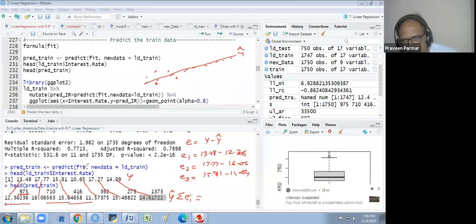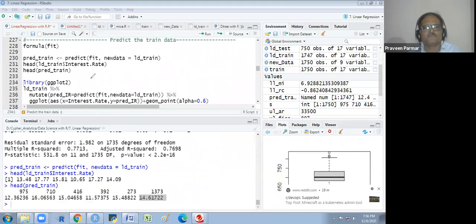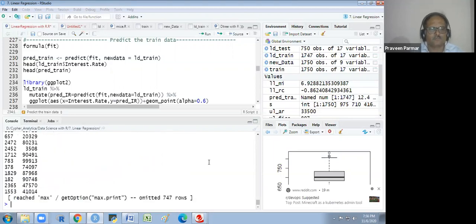It is the first in this data frame. In this data frame LD underscore 10, it is the first one. Okay, I show you that. I just write on the console. Oh, sorry.